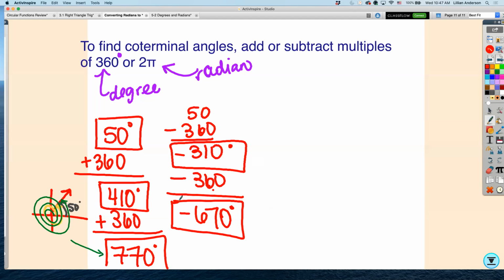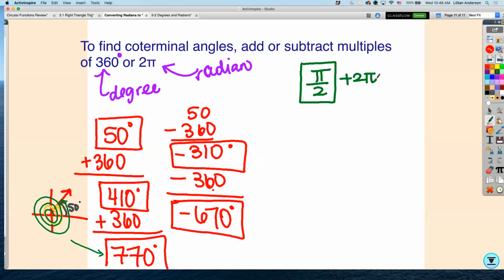Let's look at a radian. Let's take a simple one, like pi over 2. Pi over 2 as a radian corresponds to 90 degrees, okay? But you don't want to sit there and try to convert 90 degrees, find coterminal angles for 90 degrees, then reconvert those back to radians. If your original problem given to you is in radians, you want to produce a radian coterminal angle. So now we're going to add, instead of 360, we need to add 2 pi.